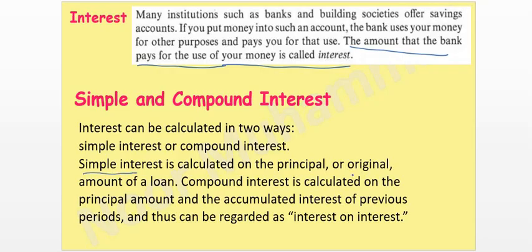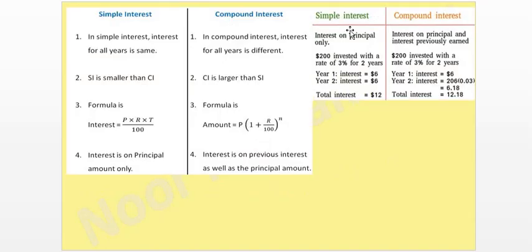Simple interest is calculated on the principal or original amount of the loan. Compound interest is calculated on the principal amount and the accumulated interest of the previous period. Let's compare the two types of interest. In simple interest, the interest for all years is the same. For example, if you deposited the money for 3 years, every year the amount of interest will remain the same.